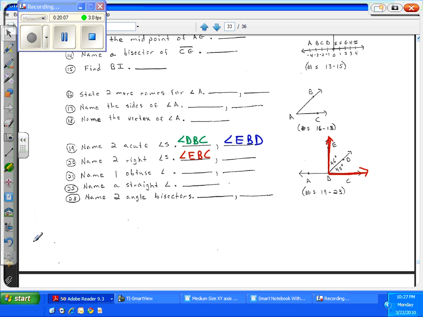If that is a right angle, then the one adjacent to it that forms a linear pair with it must be 90 degrees also. And so the other right angle is angle EBA, which could have been called angle ABE.